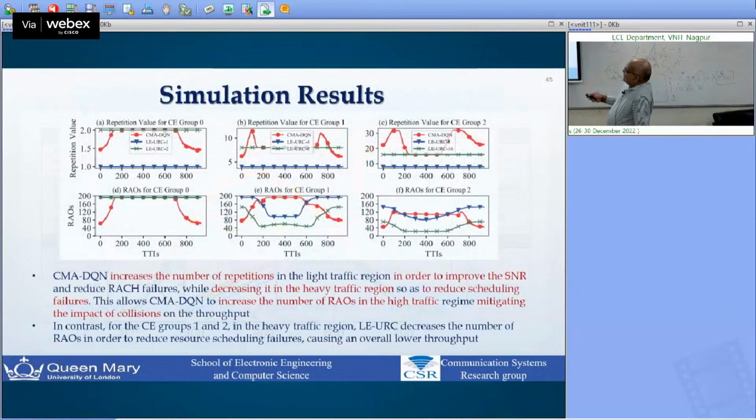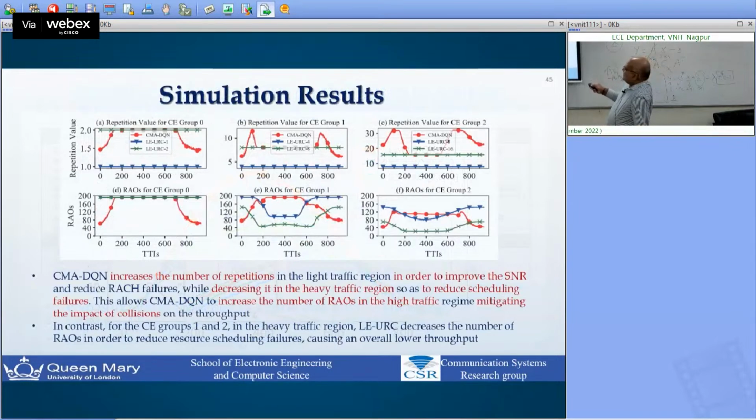Say if you take the repetition value, this is the red region, this is the green region, this is the blue region. You can see the fixed value or load estimation value uses some fixed value: here they use a fixed repetition value of 8, here a fixed repetition value of 4.